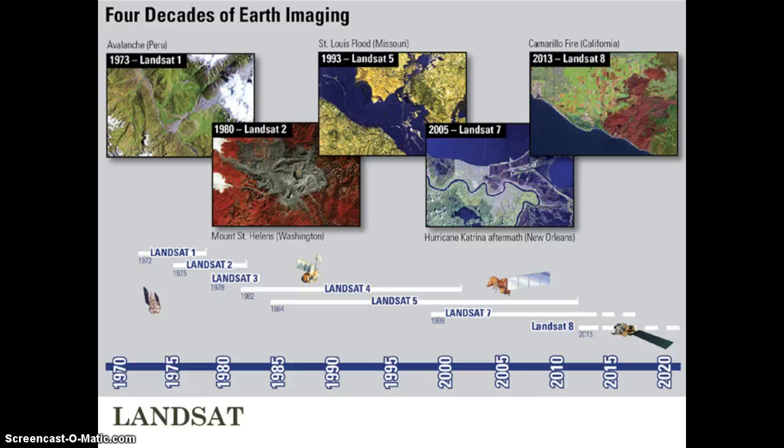You can see several interesting things here, including the expected lifespan of Landsat 7 and Landsat 8 continuing perhaps past 2020, and also the loss of Landsat 6, which launched in October of 1993 but failed to reach orbit.